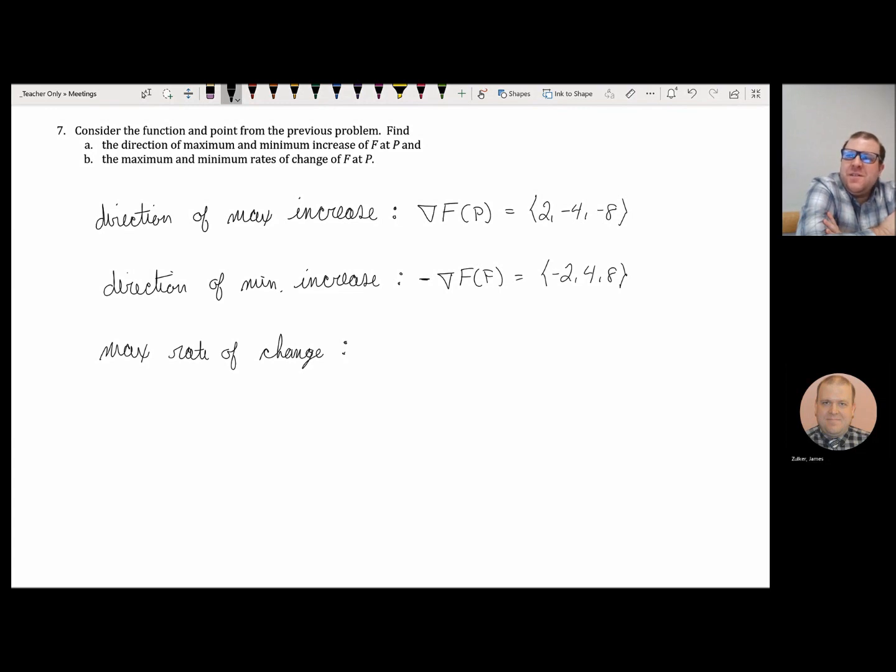Maximum rate of change. What do we think?